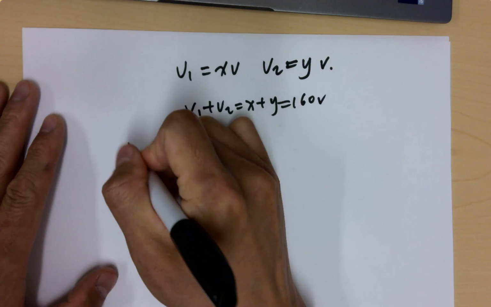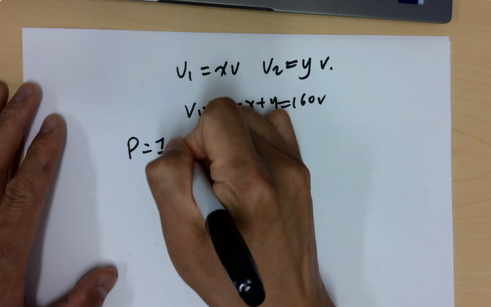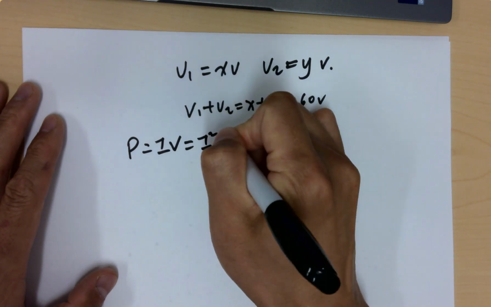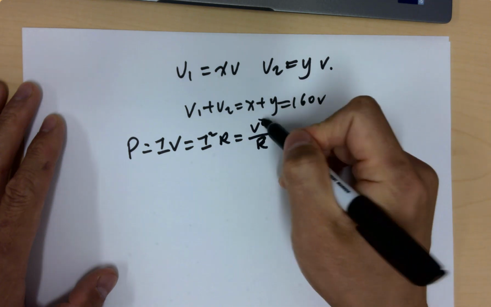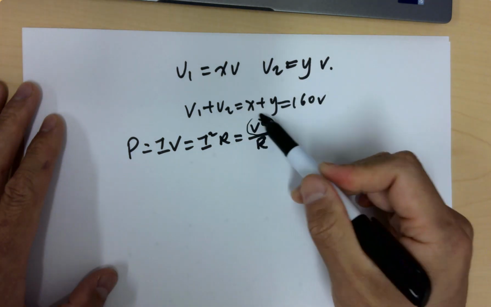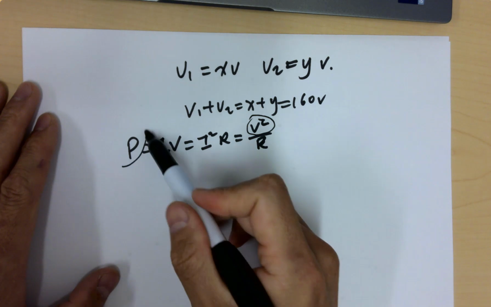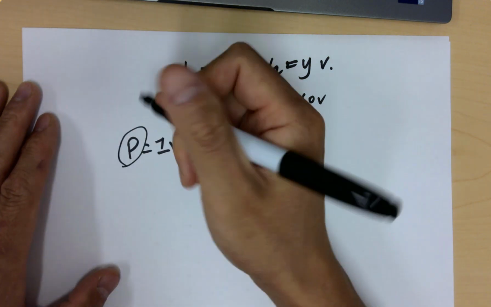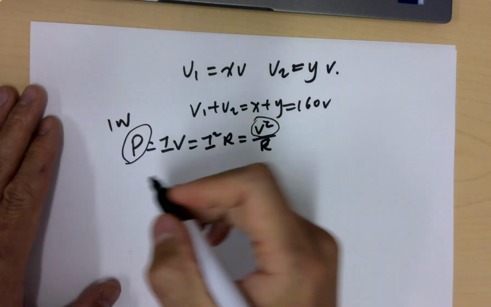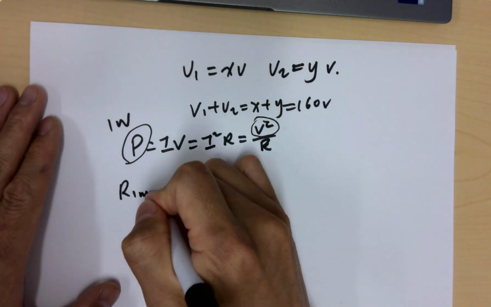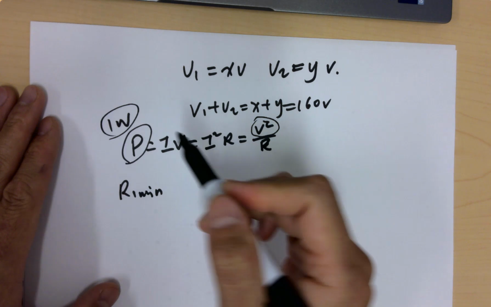are P equals IV equals I square R equals V square over R, because now we have V's are constants and P is given, sort of given, is maximum 1 watt. Let's assume that R1 is taking that entire 1 watt power.